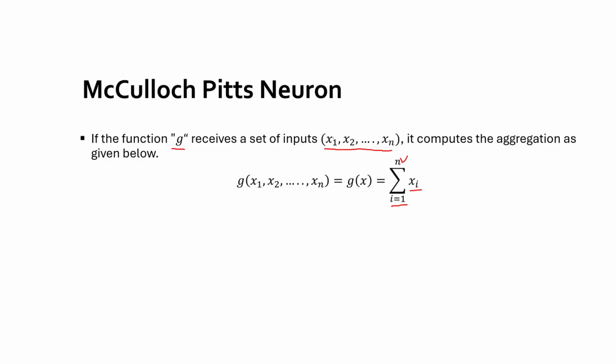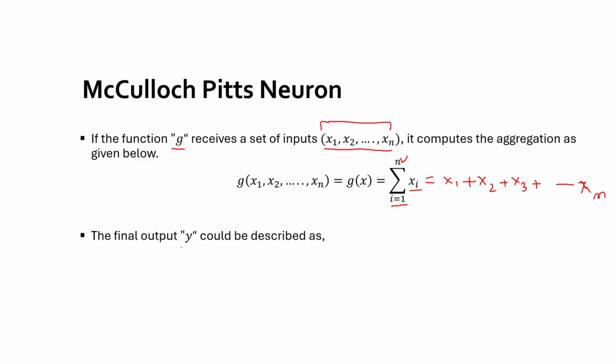For example, g computes the aggregation as x1 plus x2 plus x3 and so on, up till xn.